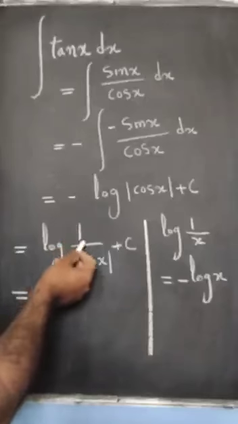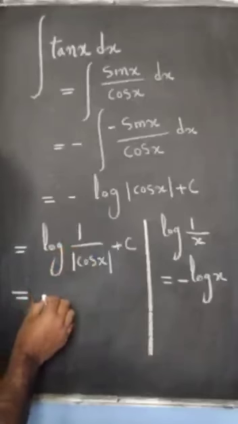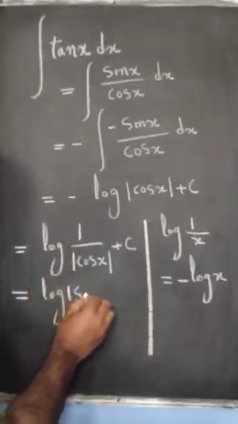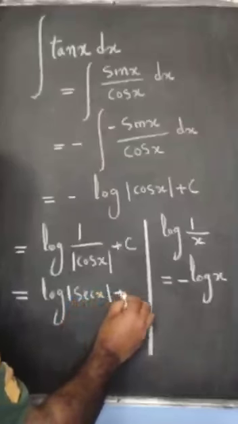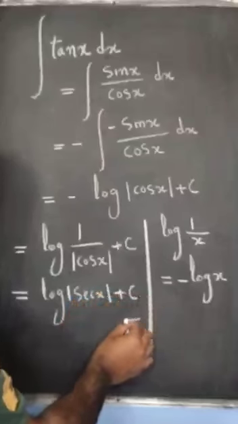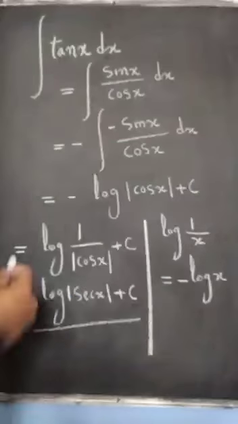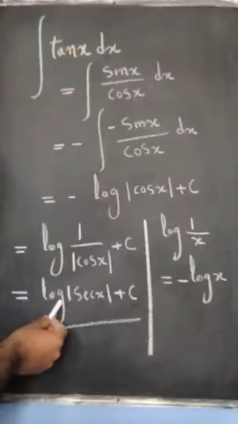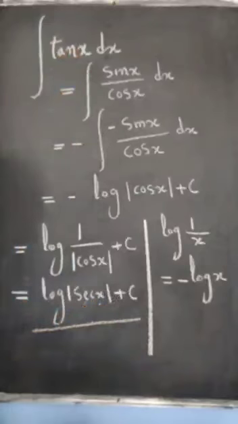Also 1 by cos x is equal to secant of x, so we can write log of mod of secant x plus c. That completes the result. So thus integration of tan x is equal to log of secant of x plus c.